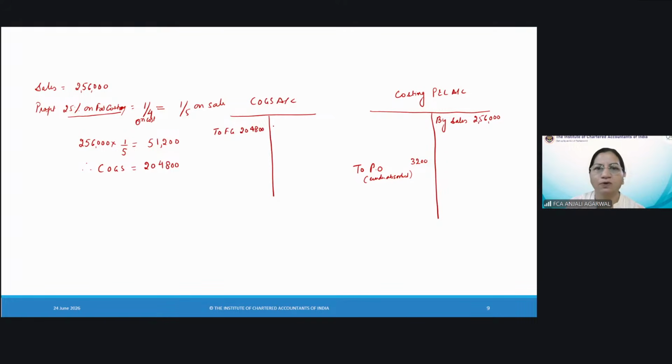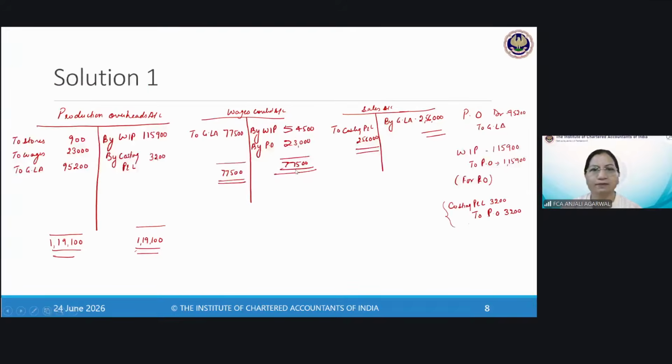Where will they go? By costing P&L. So in costing P&L also you will pass an entry of 2,04,800. You can call it cost of sales or cost of goods sold. So this account is also complete, right?